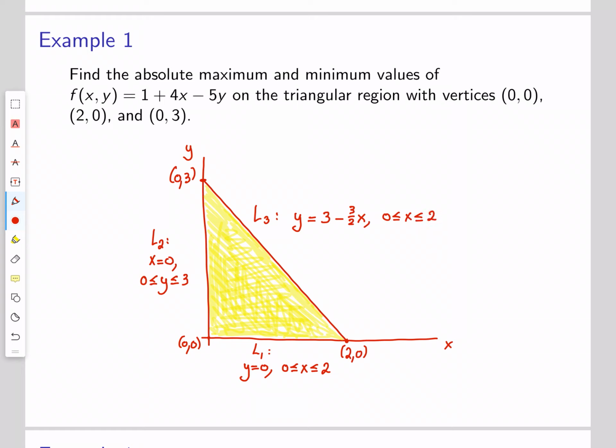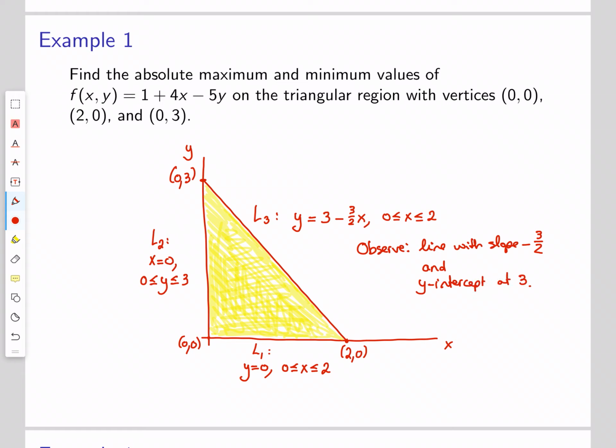For you as an exercise to find the equation of this line, you might want to observe that we have a line with slope minus 3/2, so it's rise over run, but we definitely have a negative slope, so it's minus 3 over 2, and a y-intercept at 3.